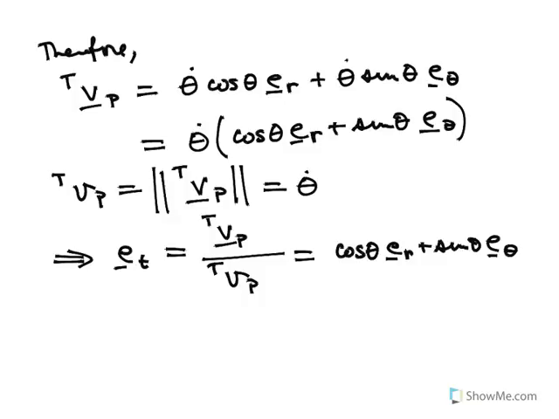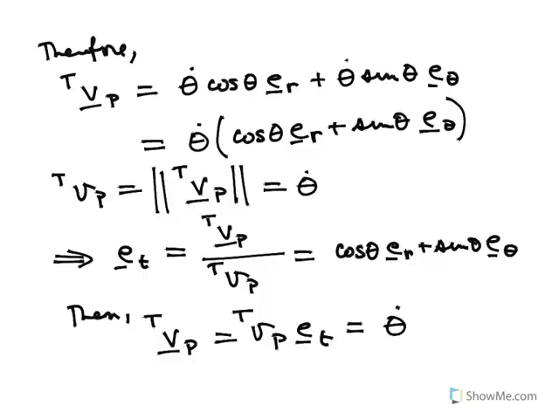Furthermore, I can also say that the velocity of P as viewed by an observer fixed to the track, which is equal to the speed times the tangent vector, as I derived when we derived intrinsic coordinates, is equal to theta dot times ET, because the speed is theta dot and the tangent vector is defined as ET. So now I have a nice compact expression.